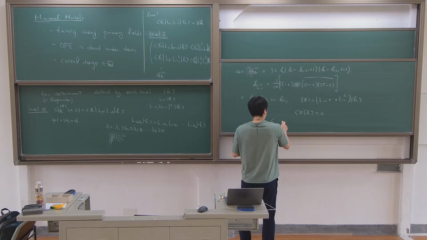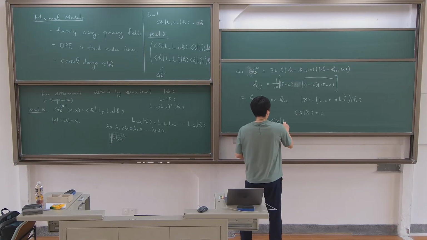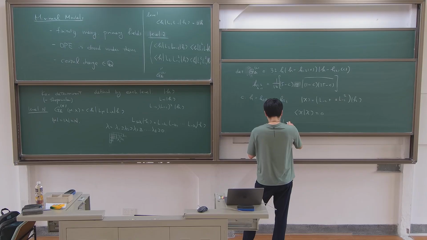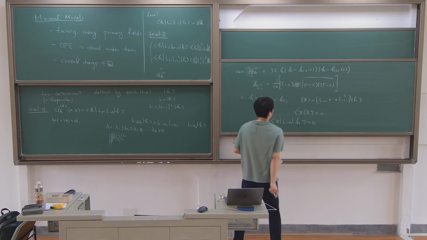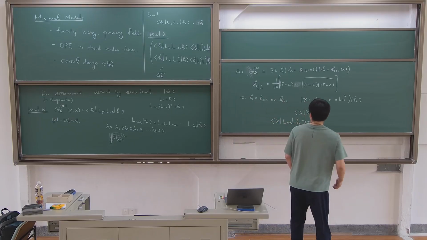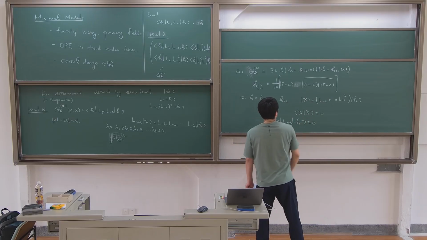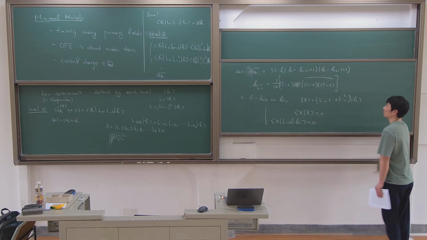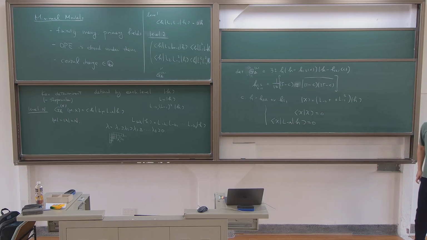So the inner product of χ with any state in the module of |h⟩ has to be zero. So this is the property for this kind of zero eigenvector.